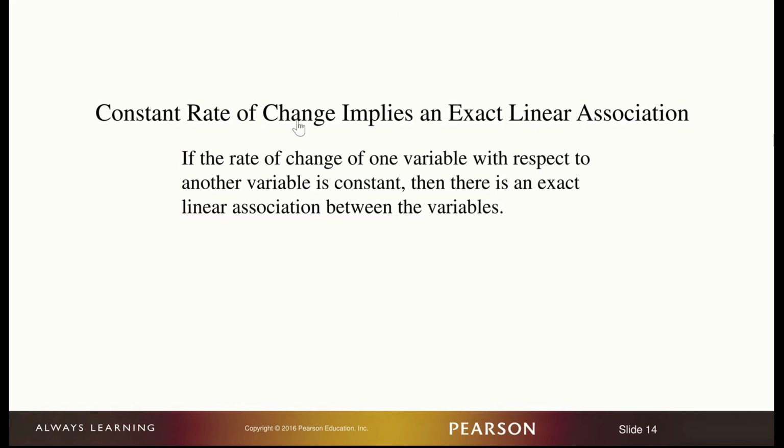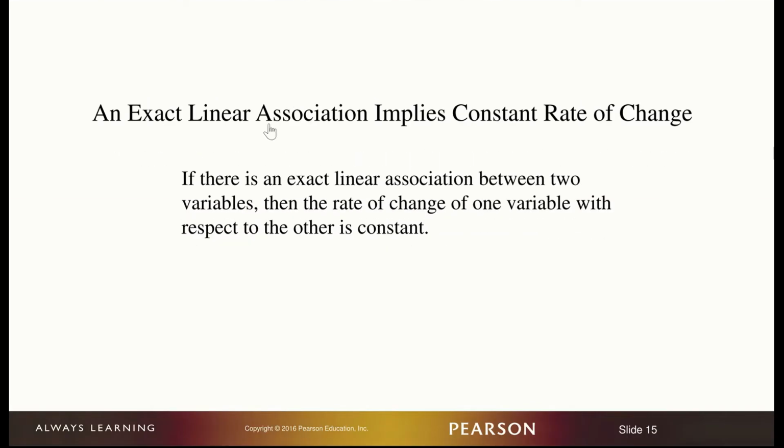So as you have probably guessed by now, a constant rate of change will yield an exact linear association, right? Well, it works the other way as well. If you have an exact linear association, that's going to be coupled with a constant rate of change. And we say that here. So this is just saying that in reverse.